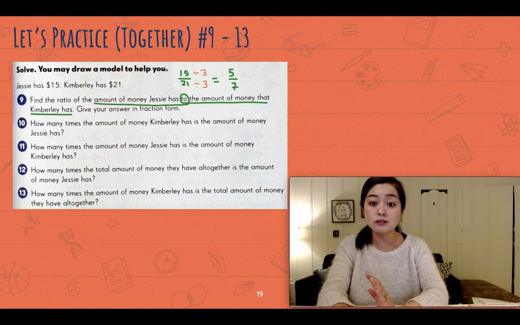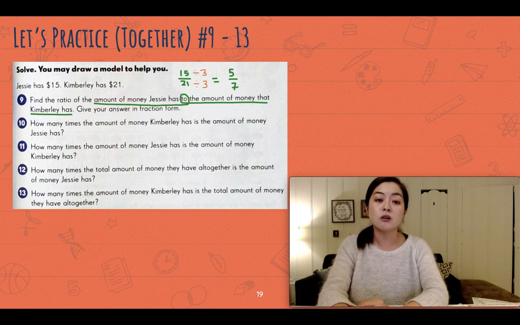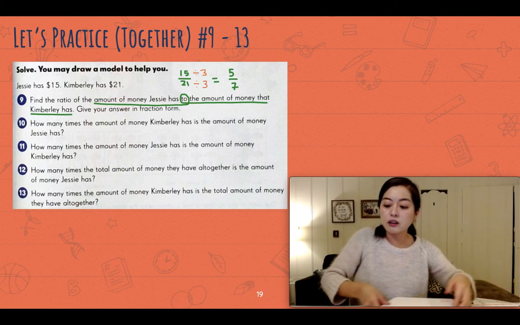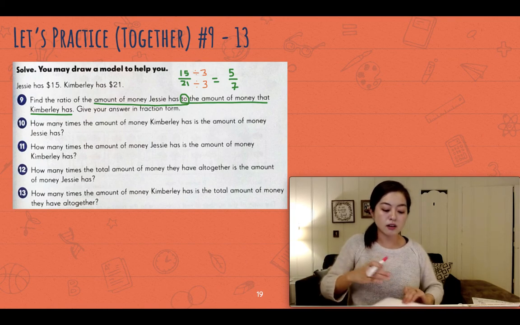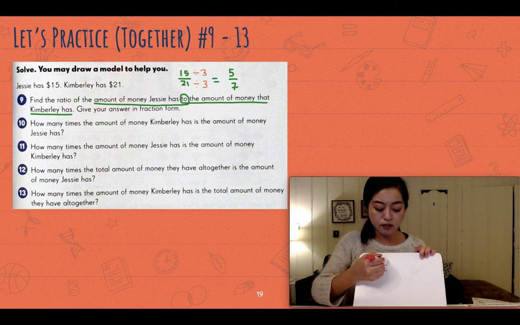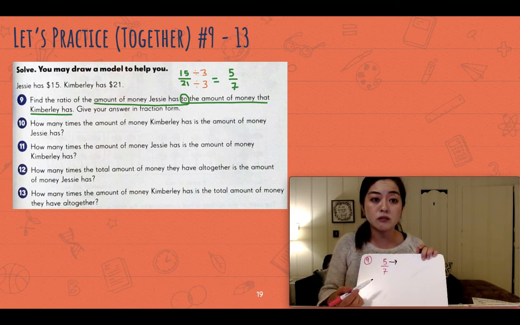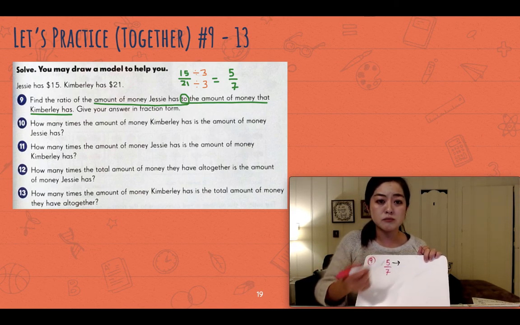Remember, it's always customary to simplify fractions and ratios. So we're going to divide by a common factor of 3, and then we get 5/7. Now let's look at the simplified ratio 5/7. So 5 refers to whose amount? It refers to Jessie's amount.